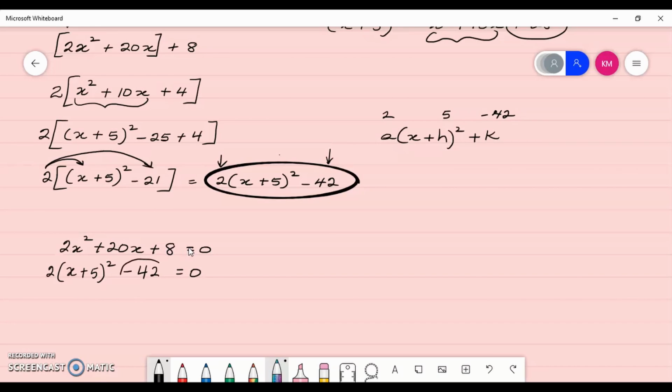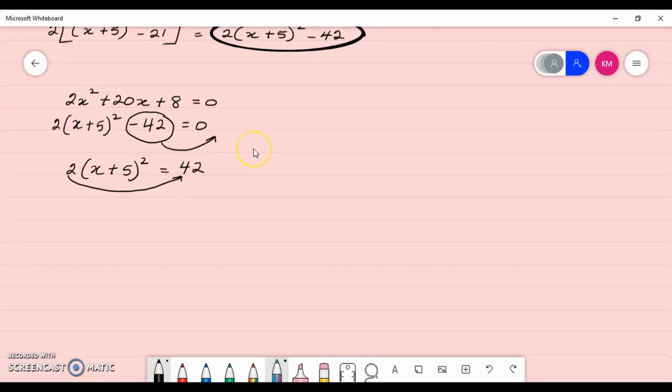I can take negative 42 across on this side and I get 2 multiplied by x plus 5 squared is equal to 42. Then our 2 goes across. It's being multiplied on this side, so it's going to be divided on that side. It's going to be x plus 5 squared is equal to 42 divided by 2 to give us 21.